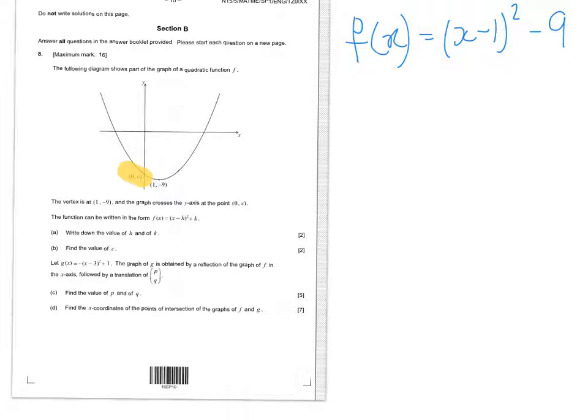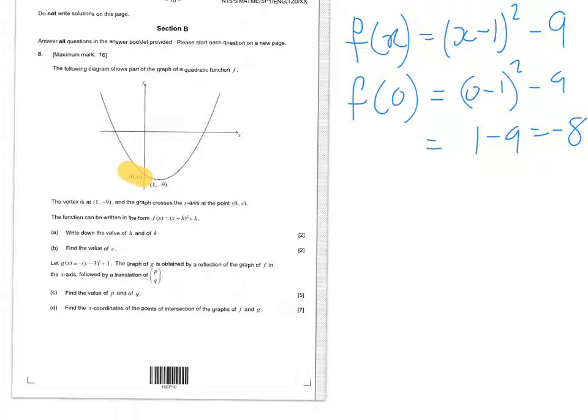I'm going to find the value of c. Well, the value of c is at the point when x is 0. The x coordinate is 0. What's the y coordinate? So that's (0 minus 1) squared minus 9. Negative 1 squared is 1, minus 9 is negative 8. So that's our c value.